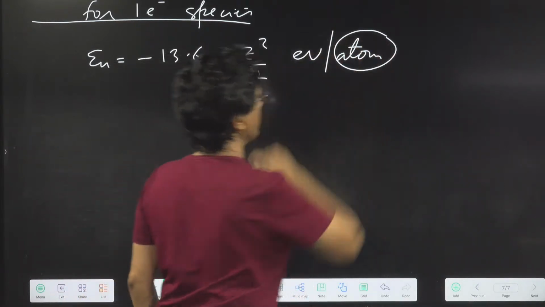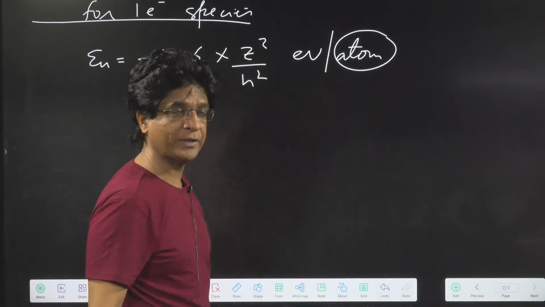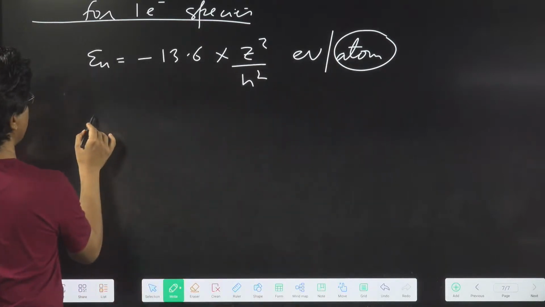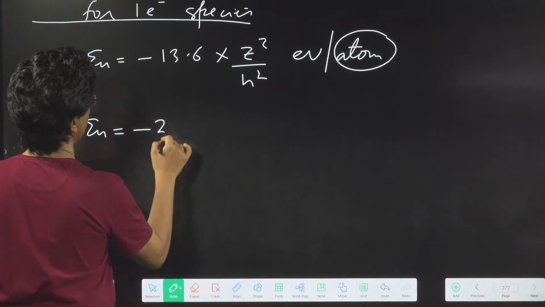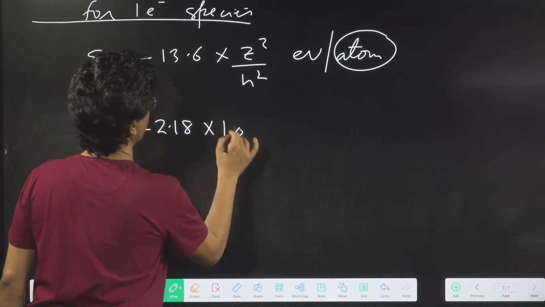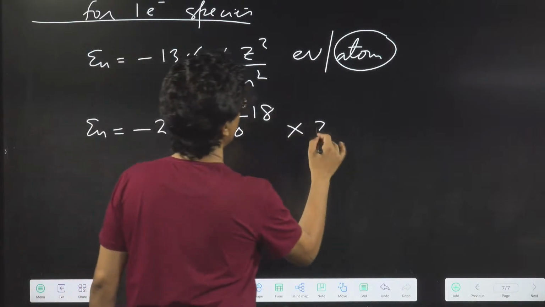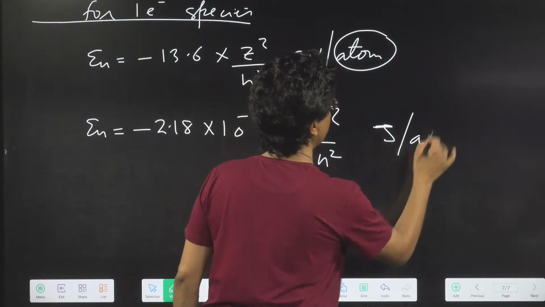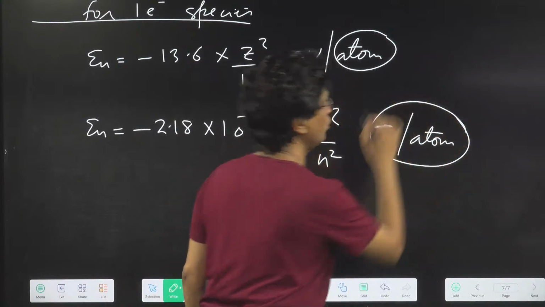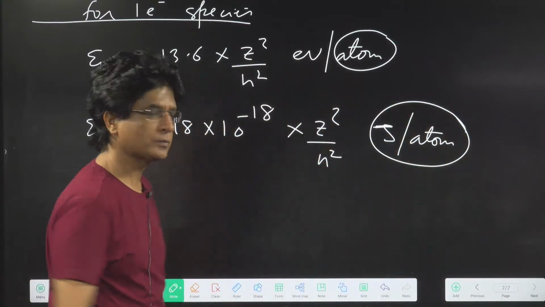Boys and girls, please remember that unit, electron volt per atom. And then we have En again in the form of minus of 2.18 times 10 to the power of minus 18 into Z square upon n square. Now the unit is joule per atom, okay?